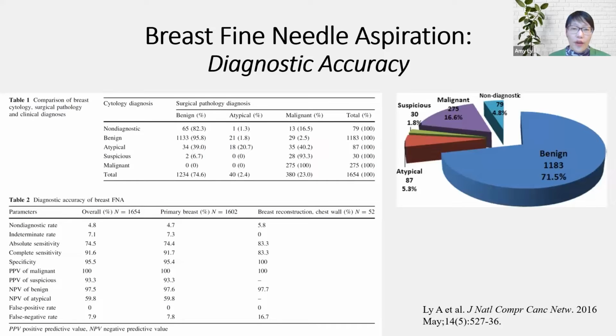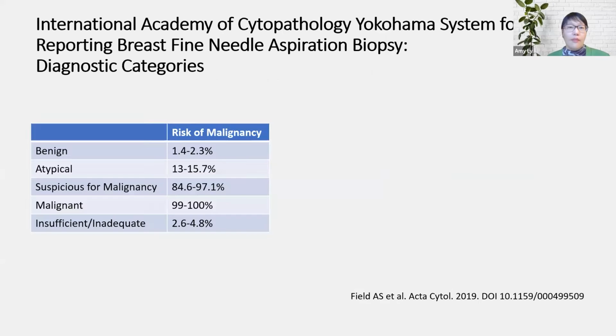Other studies have also found breast FNA to have a high diagnostic accuracy. In this study, for example, of over 1,600 breast FNAs, sensitivity and specificity of breast FNA were both greater than 90%, and there were no false positives. And the diagnostic accuracy of breast FNA is reflected in the risk of malignancy assessments when we evaluate breast FNA performance using diagnostic categories for reporting set up by the WHO Yokohama system.